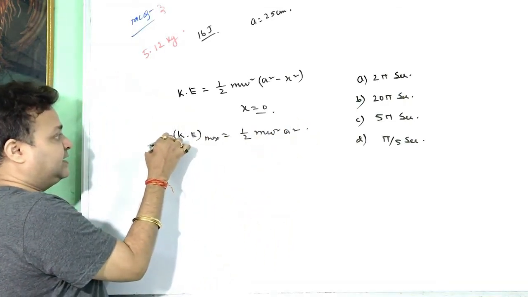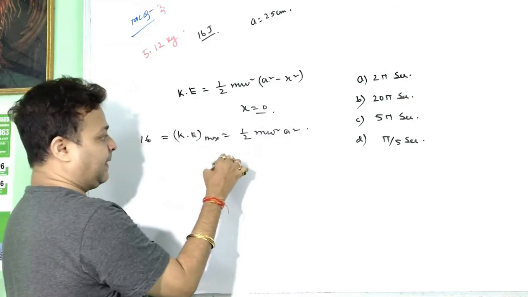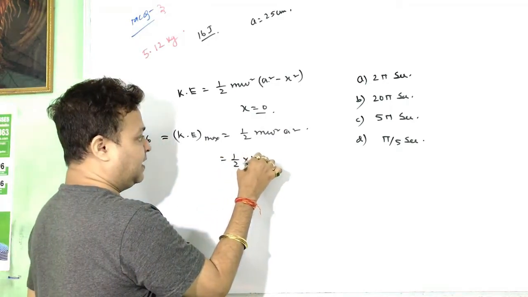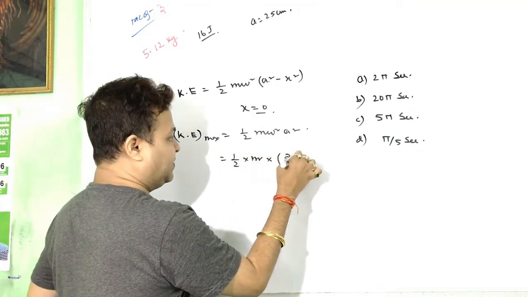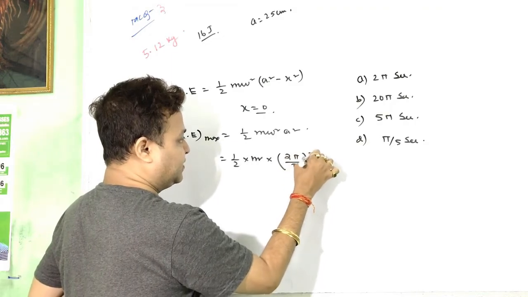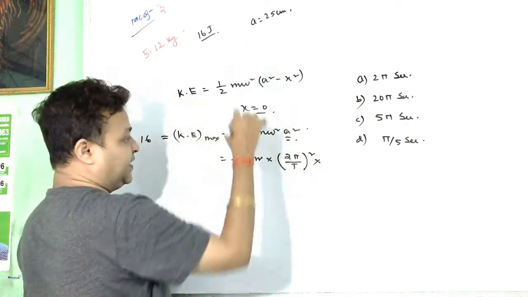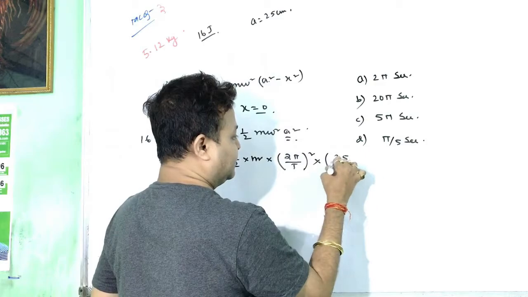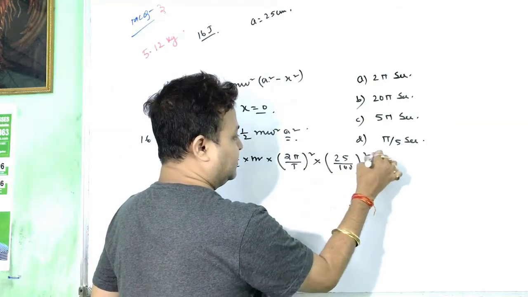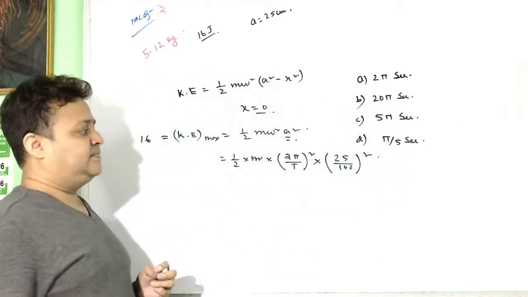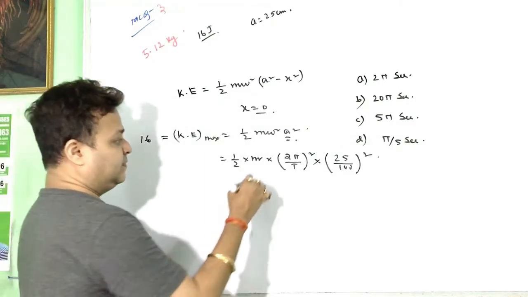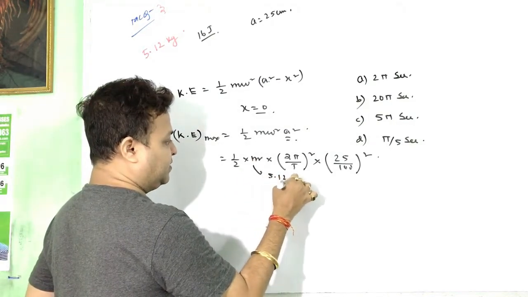This kinetic energy is given 16 equal to half m into 2 pi by time period the whole square into amplitude 25 centimeter, meter change, mass 5.12.